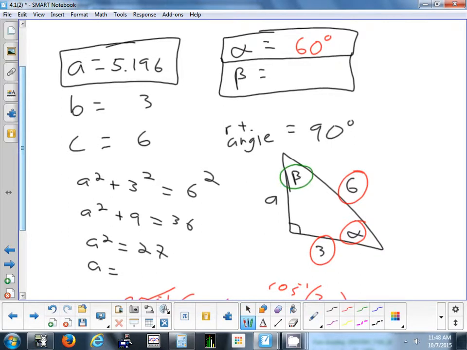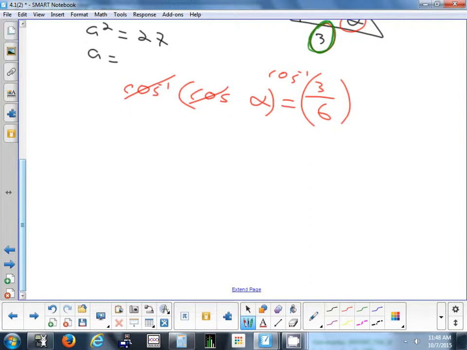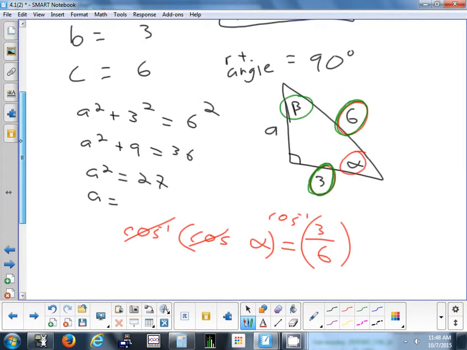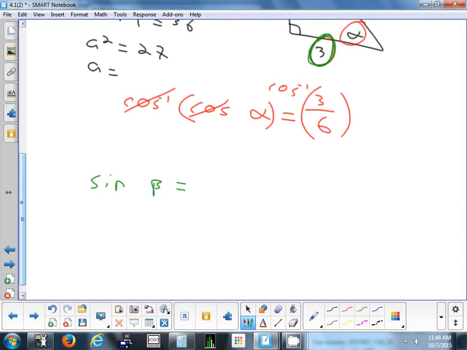We're going to find beta. Use the 3, use the 6. And which two sides do I know this time? Opposite and hypotenuse. Which trig function has opposite and hypotenuse? Sine. All right, so now we get sine beta equals 3 over 6.